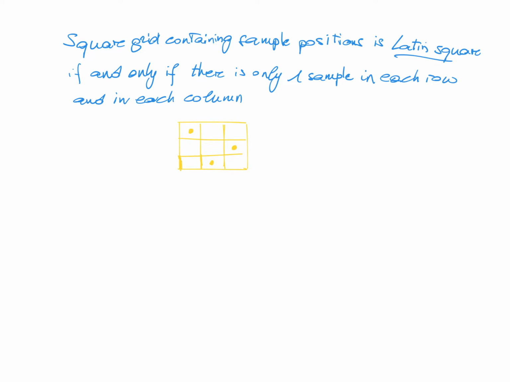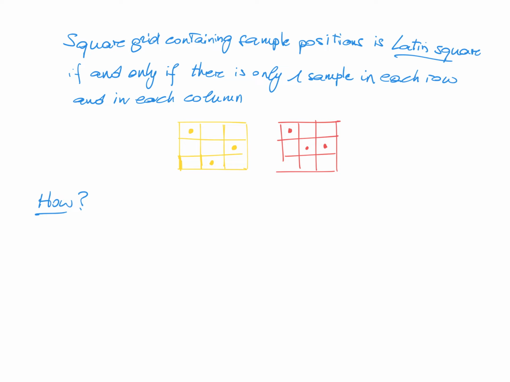So this example is a Latin square because every column and every row has exactly one observation. The other example is not a Latin square because, as you can see, the second row has two observations in it. A Latin hypercube is then just a generalization of a Latin square to more than two dimensions.